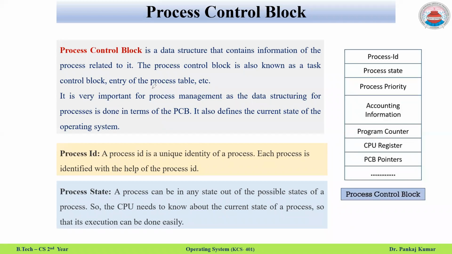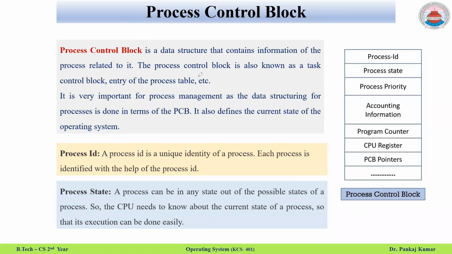There is a processor, there is a microcontroller, and there is a process control block where all the history, or you can say all the status and all types of behavior of the process to be executed are stored. So this is called process control block.